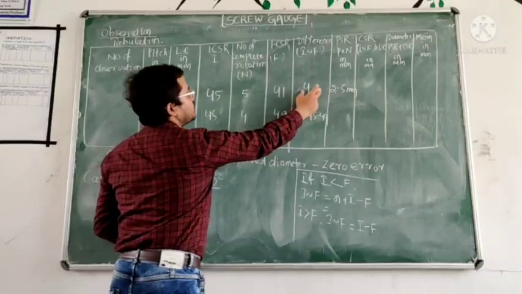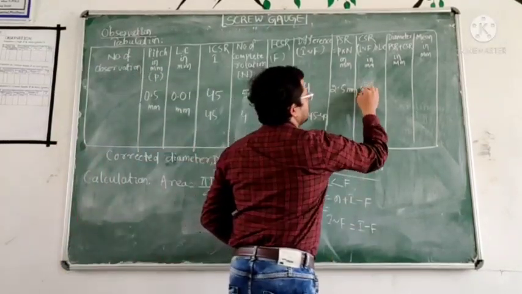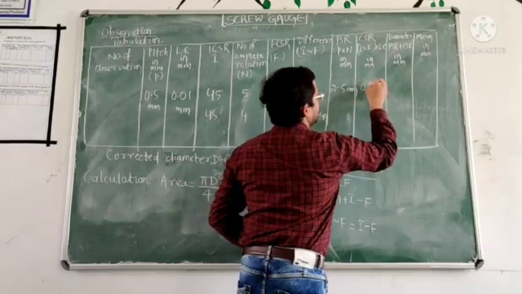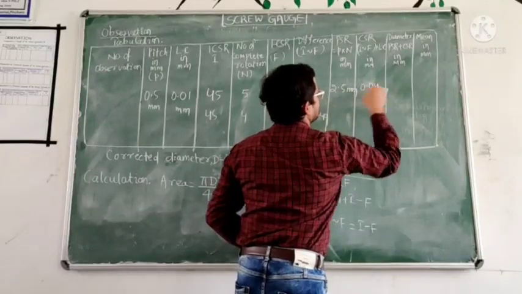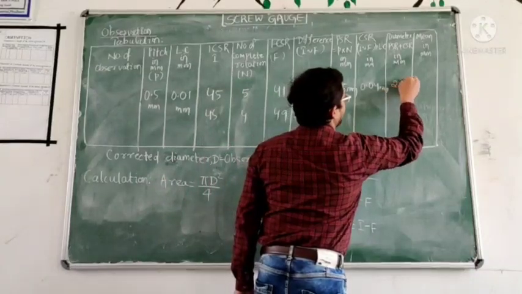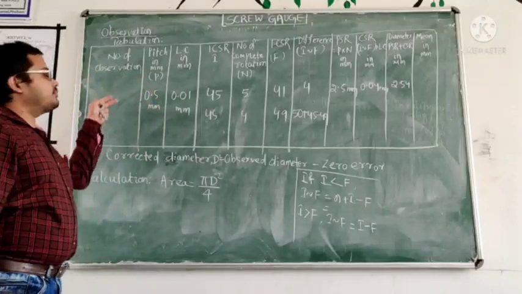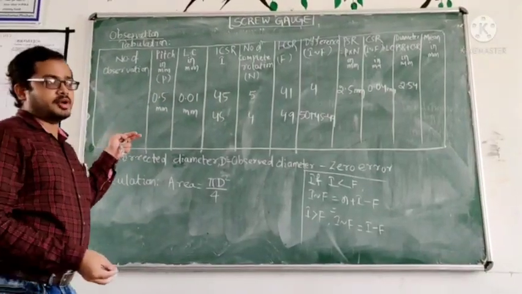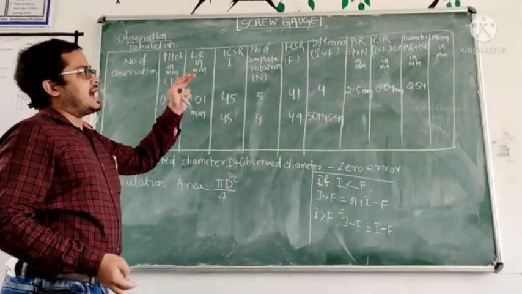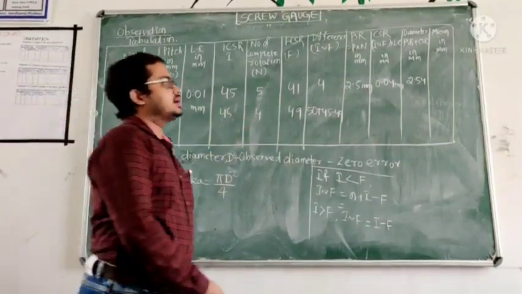I minus F we have obtained as 4, multiplied by 0.01. So this is 0.04 millimeter. So our total will be 2.54 millimeter. We have to take a number of readings, let's say 5 or 10 readings, and after that we are going to get the average as the mean diameter.